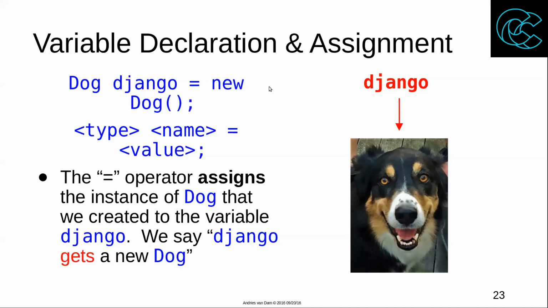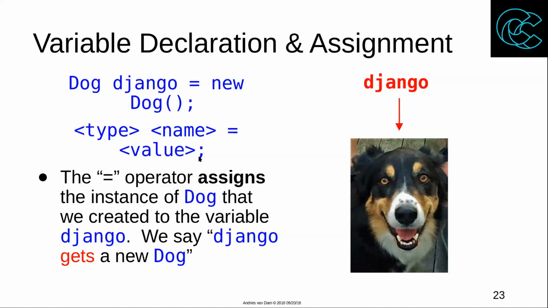On the right hand side, you have the value which you assign to the name of the variable. The same thing happens here even if you want to do it for classes. Dog is the name of the class, Django is the name of the object, and then you have the constructor which will create the instance and assign it to the Django name, right? So it's type, name, equals, which is the assignment operator, value, and it should end with a semicolon.